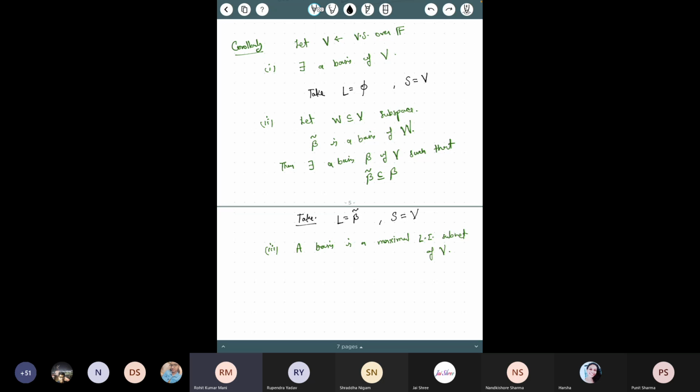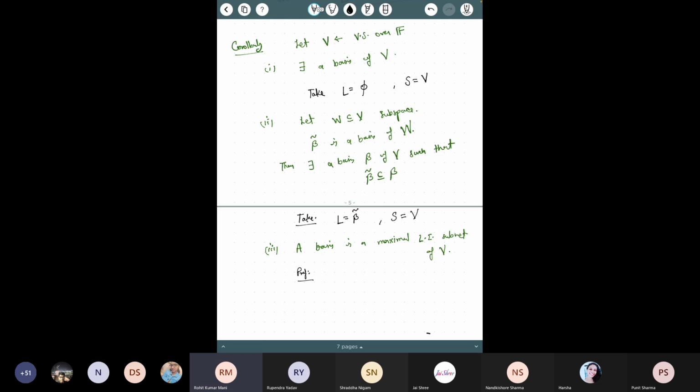If we add any other vector from V besides beta, then it will be a linearly dependent set. Why? Since beta is a basis, every vector can be generated as a linear combination of beta. Right. Yes, so this way you can prove it.